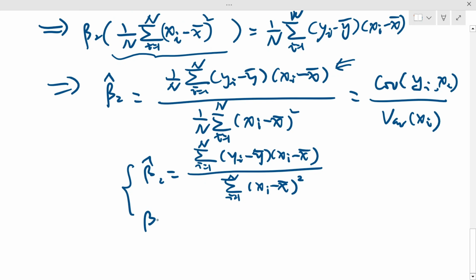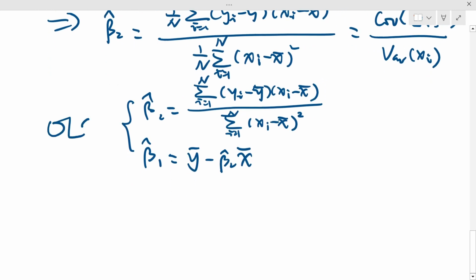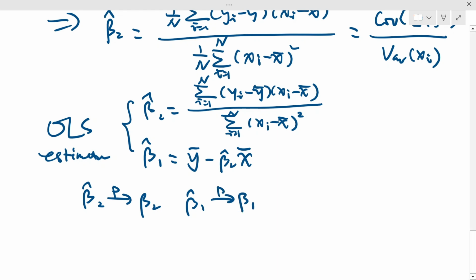And beta 1 hat, previously we derived, is equal to y bar minus beta 2 hat times x bar. So this is our OLS estimator. We can show that under our assumptions, beta hat 2 converges in probability to beta 2, and beta hat 1 converges in probability to beta 1.